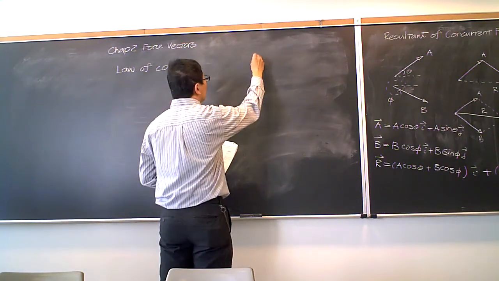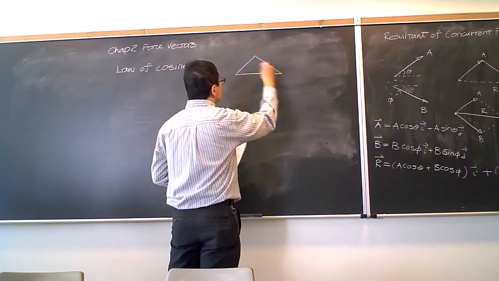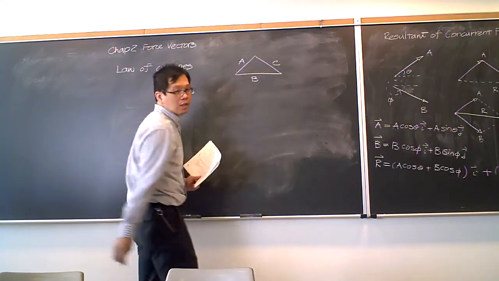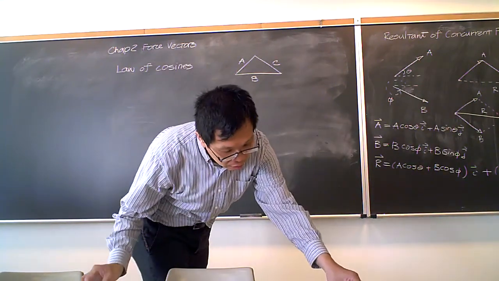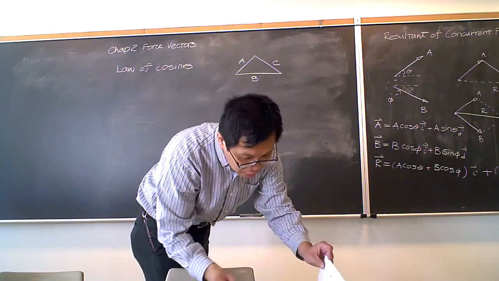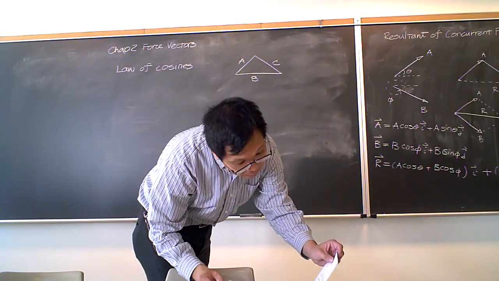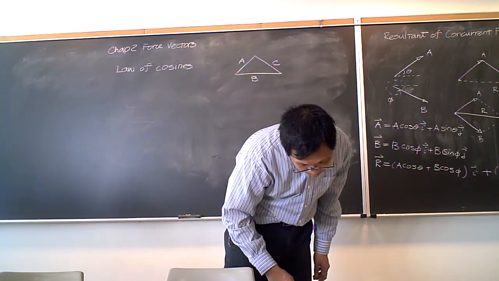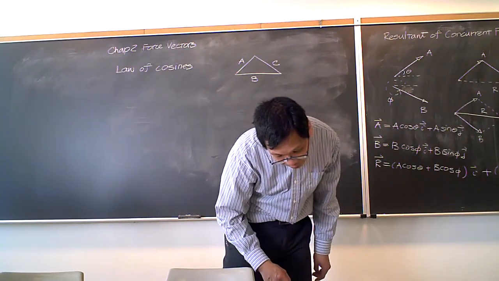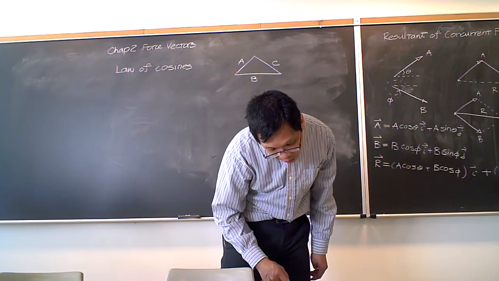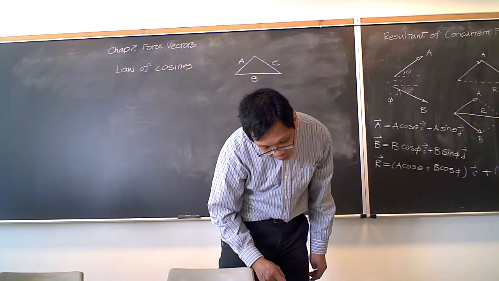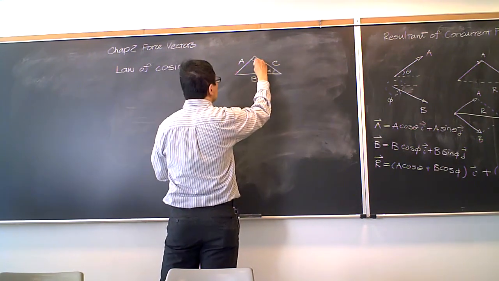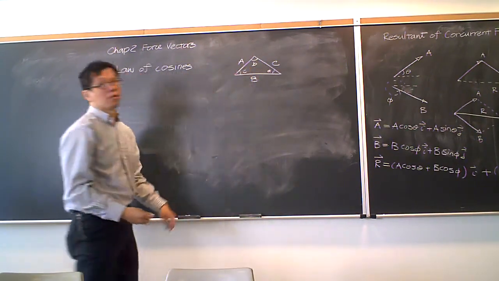So if I have a triangle with sides A, B, C, and I have angles A, B, C over here.